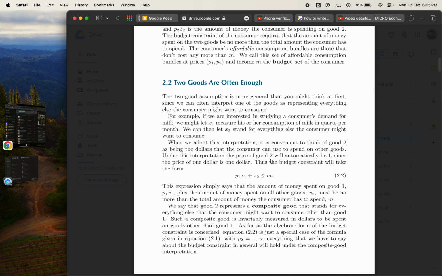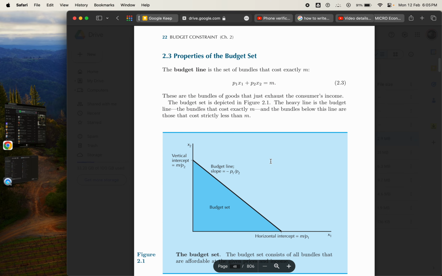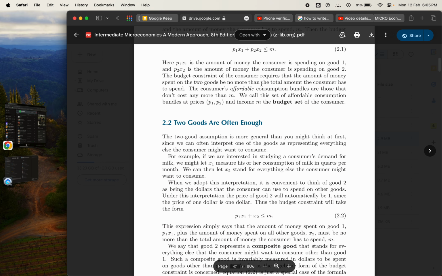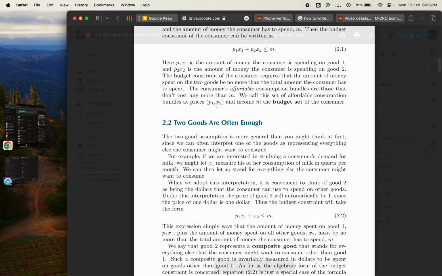Let's see what a budget line is. A budget line is a set of bundles that cost exactly M. Okay, so this is something to be noted down. Budget line is a set of bundles that cost exactly M. A set is different, right? A budget set is a compilation of all the possible values of x1 and x2 given prices P1 and P2.